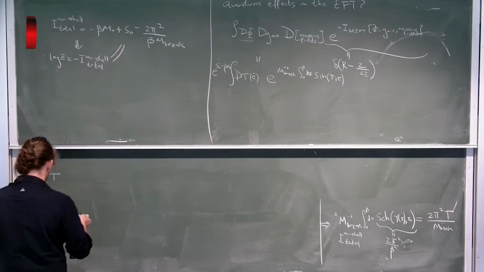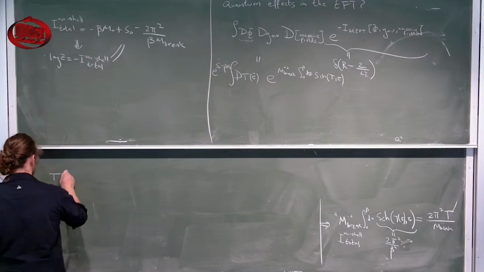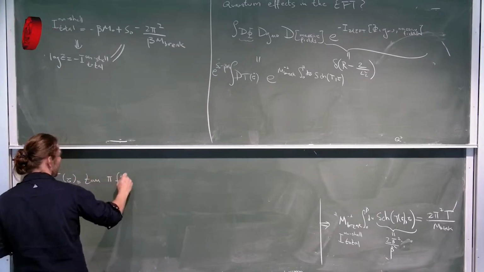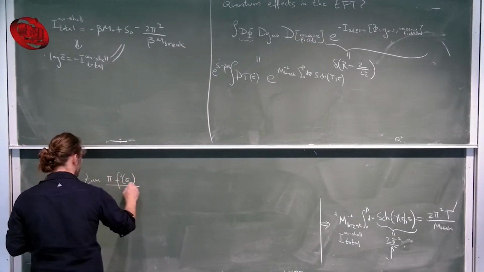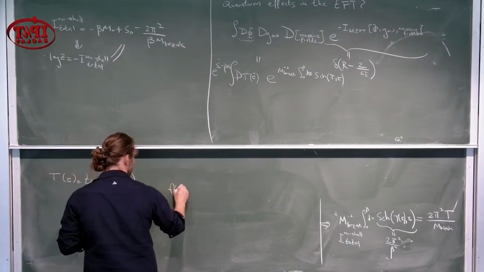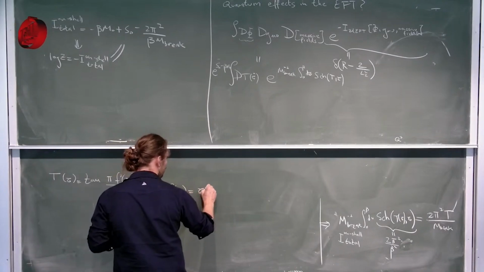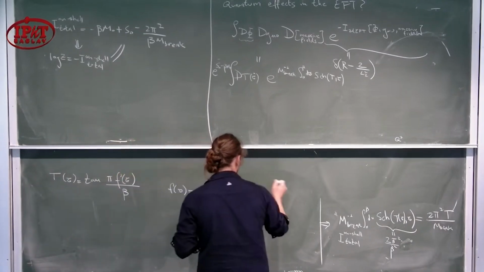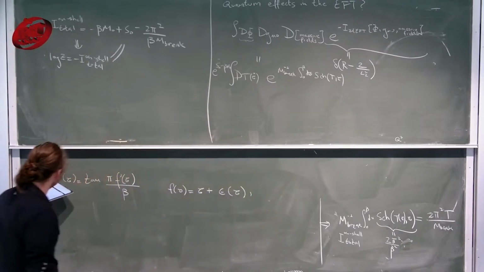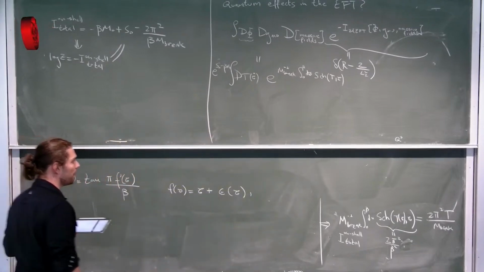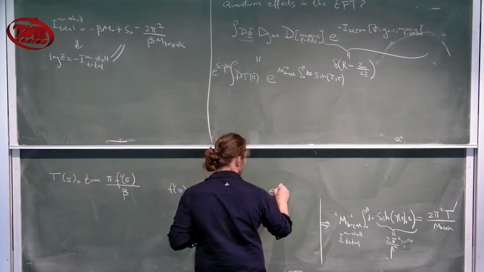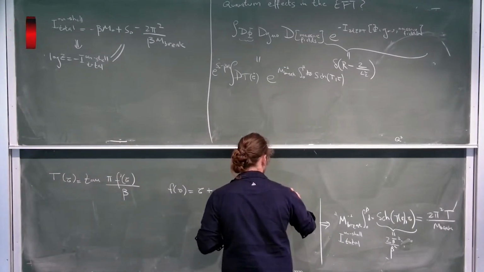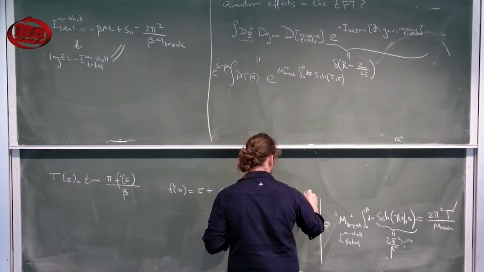Good. So let's expand T of tau as tan of pi f of tau divided by beta, where f of tau takes the classical value tau plus some small fluctuation epsilon of tau, where the fact that the variable T is periodic with period beta implies that the variable epsilon is also periodic with period beta.